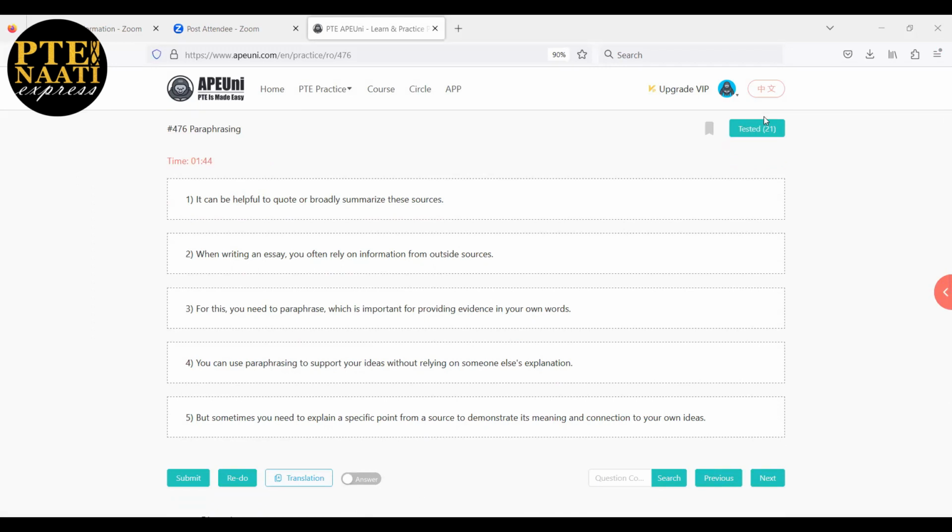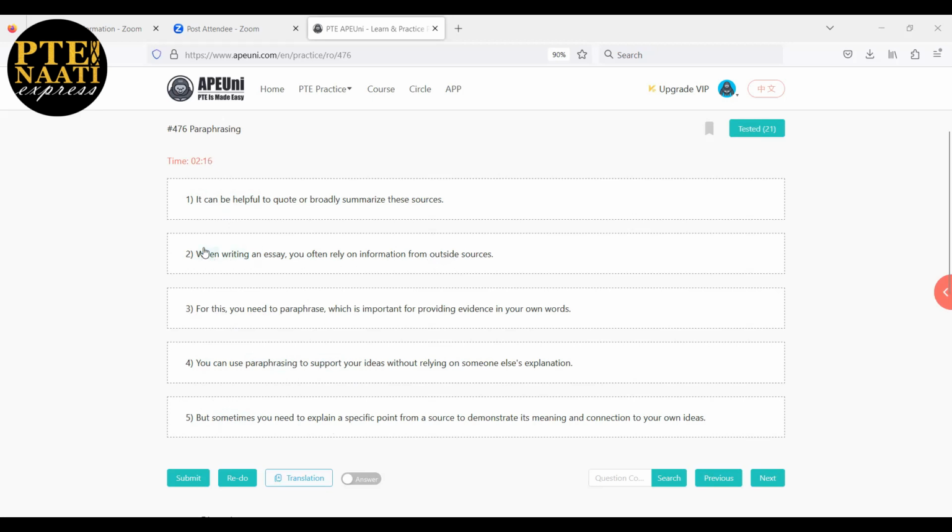Yes, so with this type of a thing, we need to check which one is the first sentence. Paraphrase. You can use paraphrasing to support here. Paraphrasing, but sometimes you need to explain.